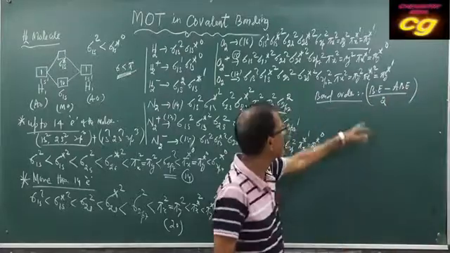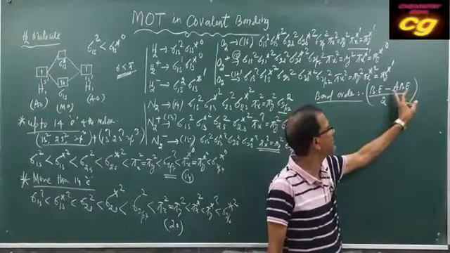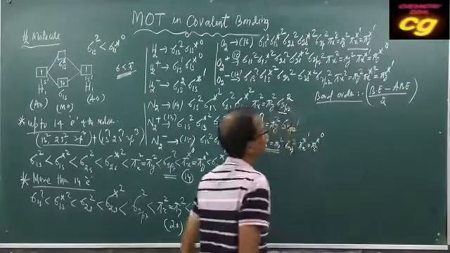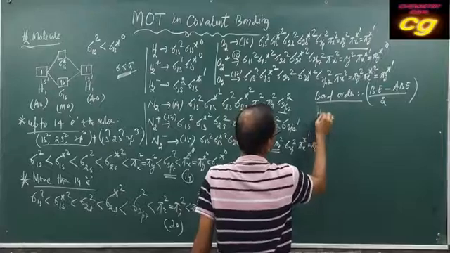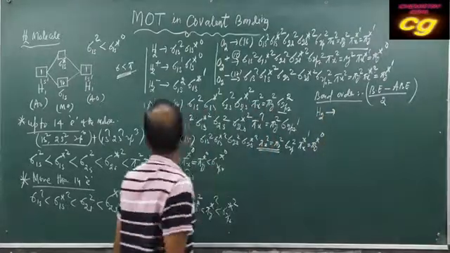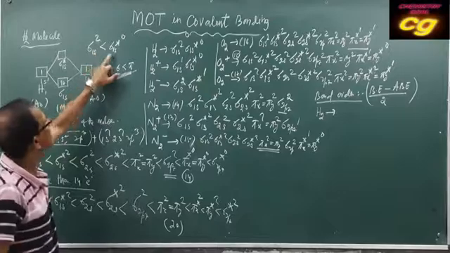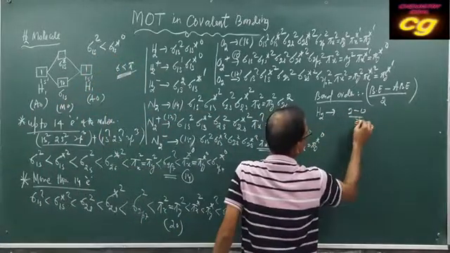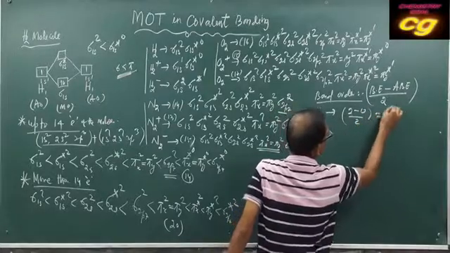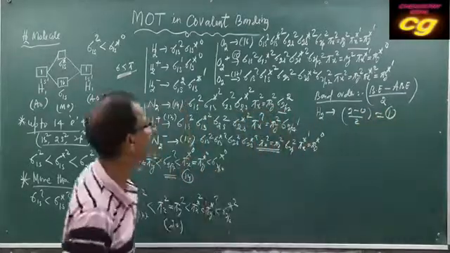Nb means bonding electrons, Na means antibonding electrons, by 2. For example, suppose H2 molecule. How many bonding? Bonding is 2, antibonding 0. So 2 minus 0 by 2, that is 1. So the bond order of H2 is 1.